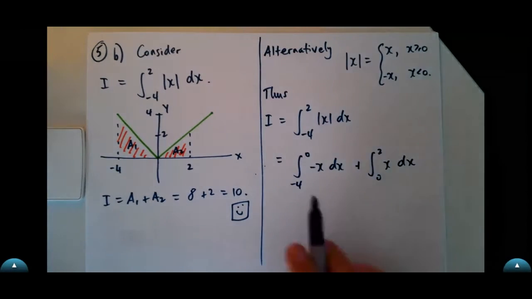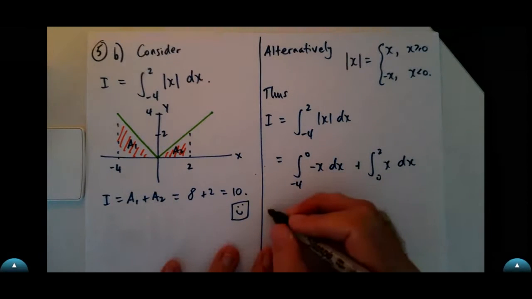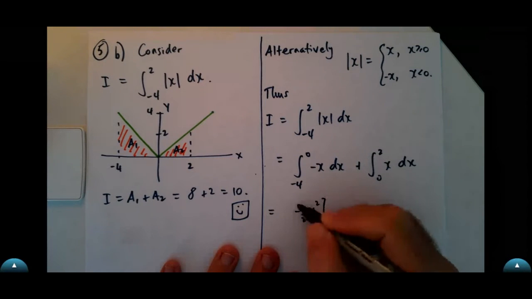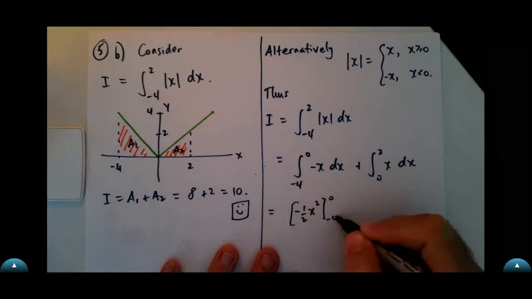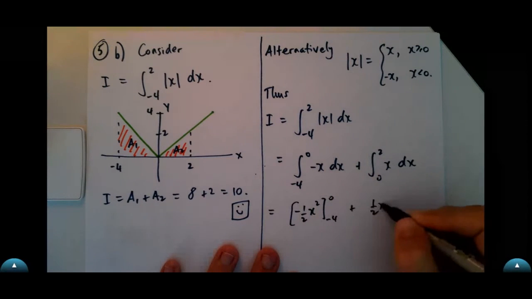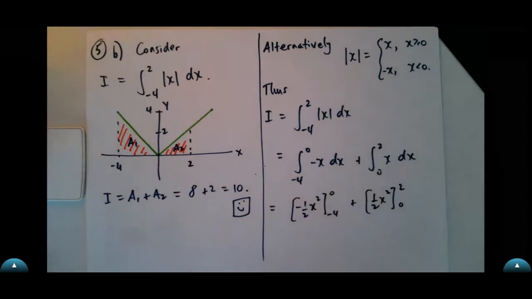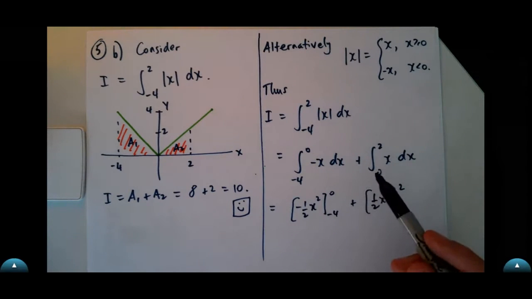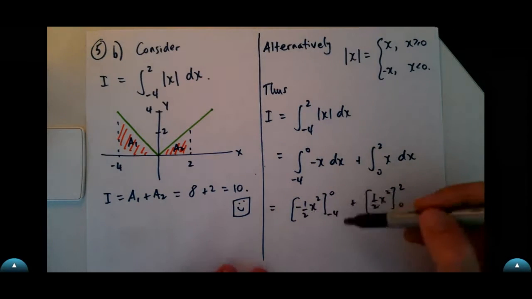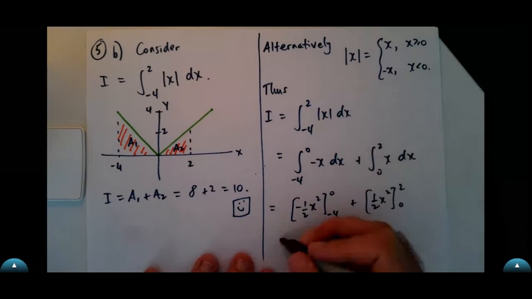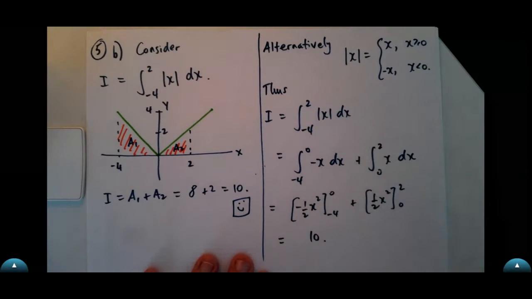So now we can compute those separately, and then we can simplify our answer. The zeros are not going to contribute to anything. You're going to get 8 plus 2, which is 10.